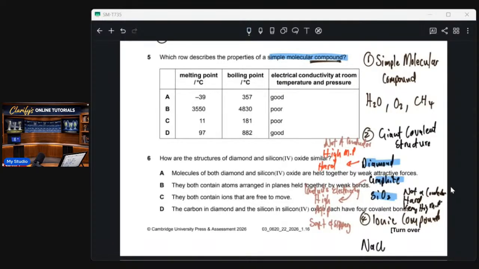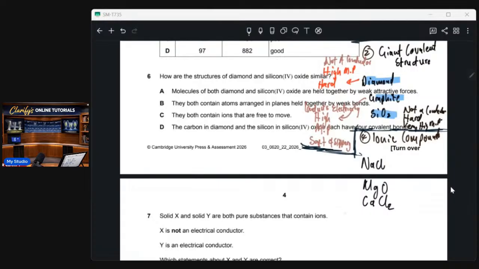So that's what you expect. These simple molecular ones can never conduct. For giant covalent, they only conduct when it's graphite. Ionic conduct when molten.